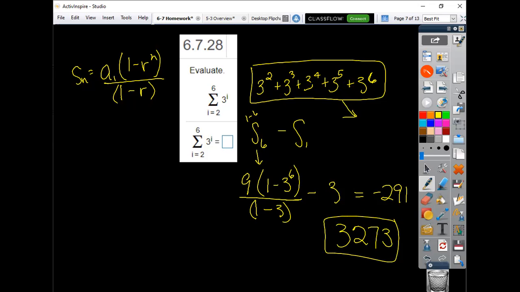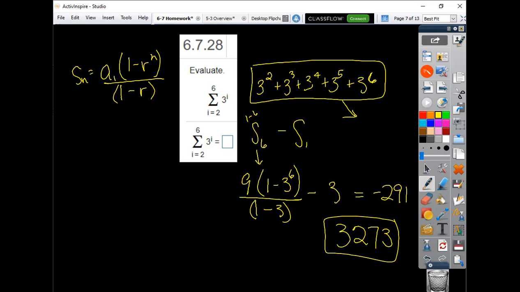I was raising all those exponents to exponents as I went there. So 3 to the 2nd, arrow to the right to get out of the exponent, plus 3 to the 3rd, 3 to the 4th, 3 to the 5th, plus 3 to the 6th. And I've got a slightly different answer there.